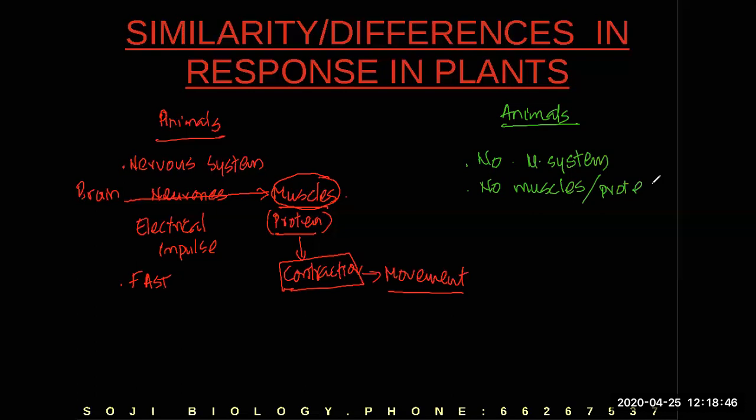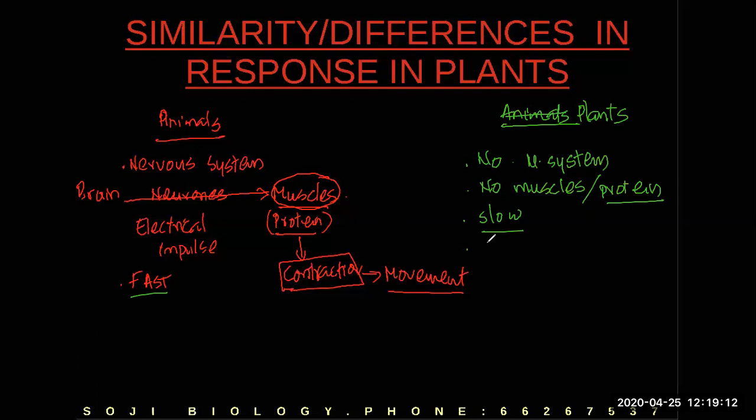So they don't have a fast response. This is about plants. In plants, you don't find a nervous system, you don't find muscles, there are no neurons, there is no specialized protein like in animals. In animals the response is fast, but in plants the response is very slow.